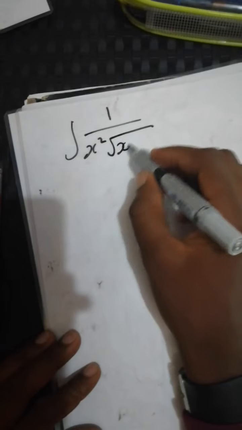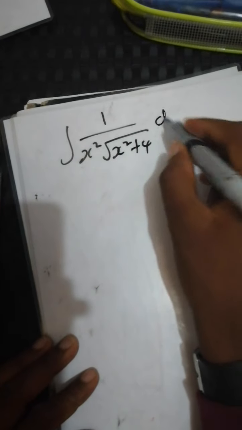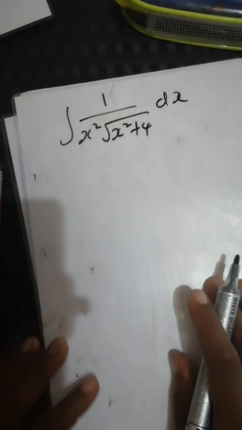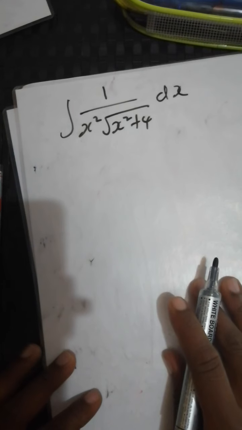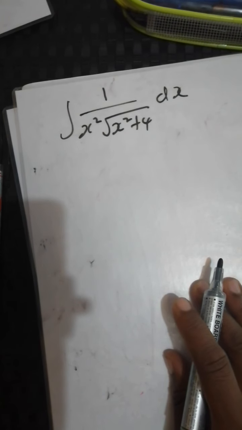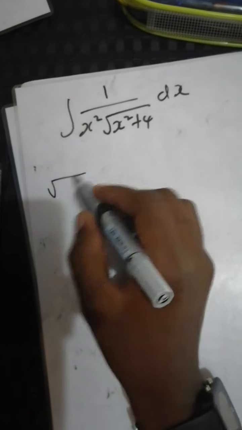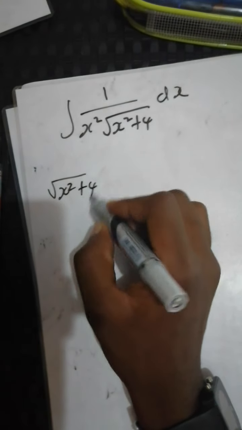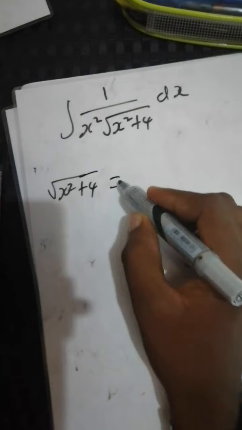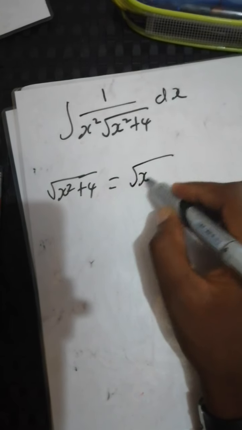Let's say we are given 1 over x squared times the square root of x squared plus 4 dx. We want to integrate that. So in order for us to integrate this, we say the square root of x squared plus 4 can be written as the square root of x squared plus 2 squared.